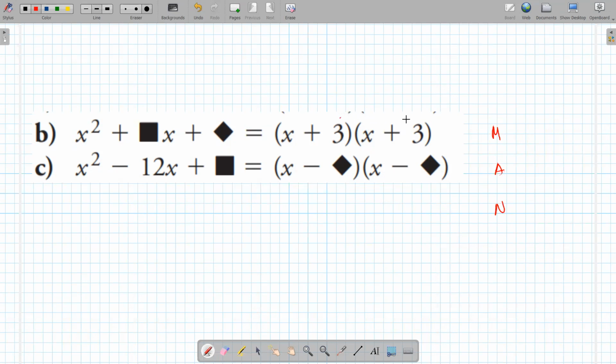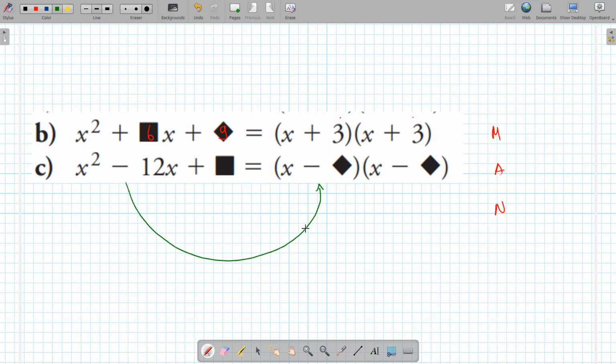If 3 and 3 are the numbers, what's the middle guy here, the B value? 6. Yeah. What's the C value? 9. 9, right? Negative 12 is what they've given us. And sometimes this gets a little bit tricky.